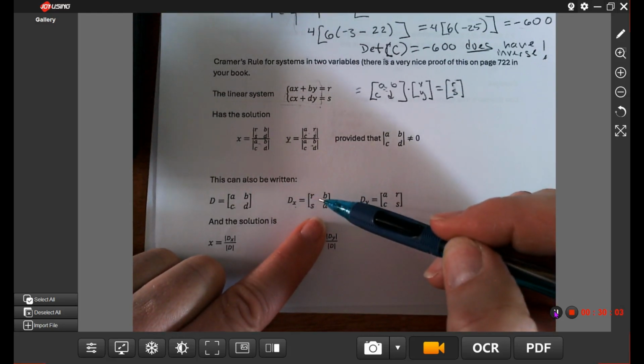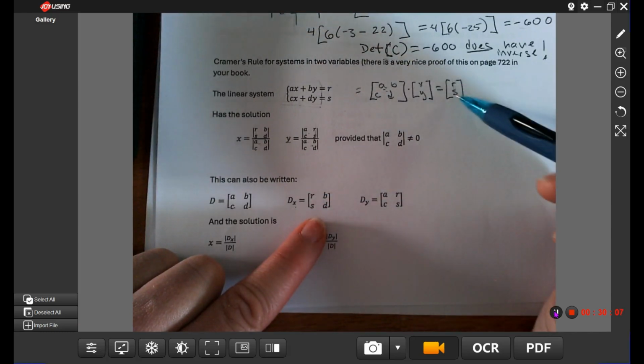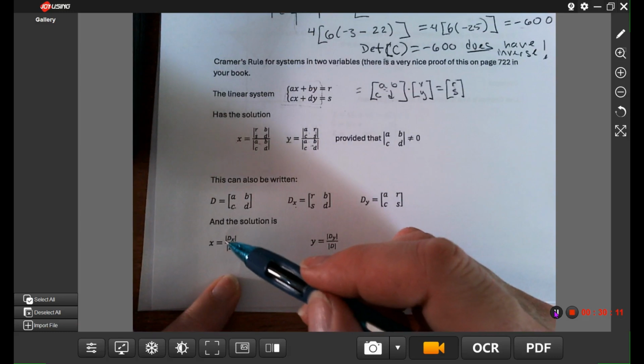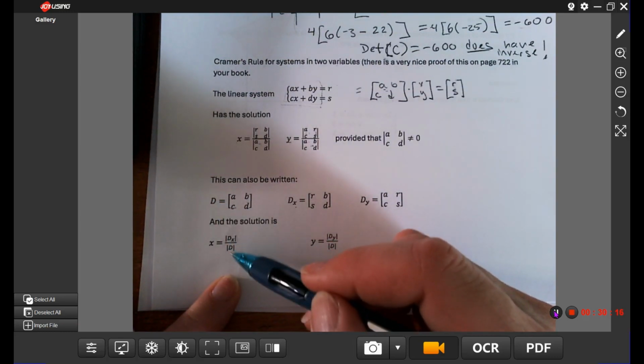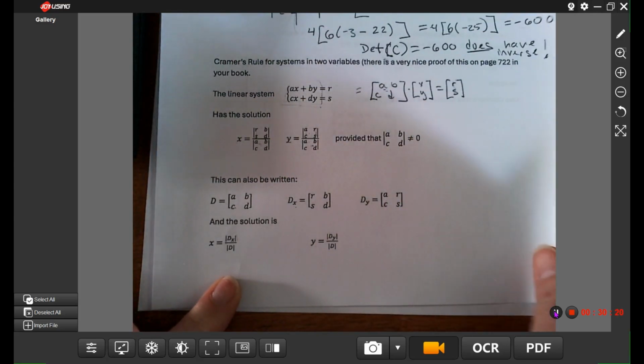And notice again, the first column, the x column, got swapped with the solutions, and likewise for the subscript y. And then, sorry, D was the matrix. And then the absolute value bars mean determinant. So this is just a different notation. So the same thing written twice. So now we're going to do an example.